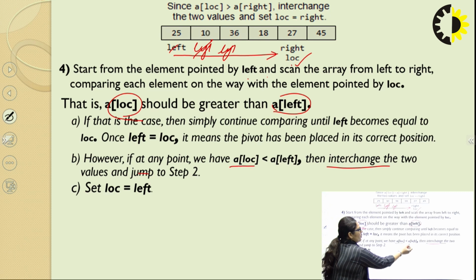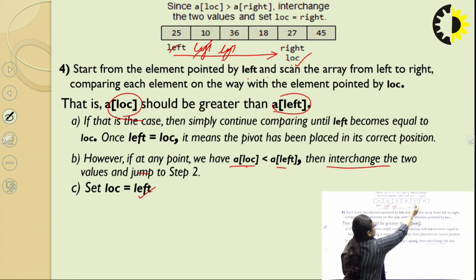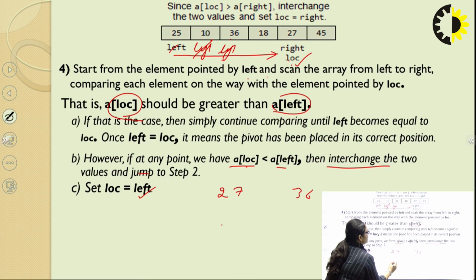If A LOC is less than A left, that is 27 is less than 36, then we have to interchange these two elements and also set LOC equal to left. Why? Because if we interchange 36 and 27, then LOC will now be here. LOC will shift to this position because 27 came here. So now set LOC equal to left.